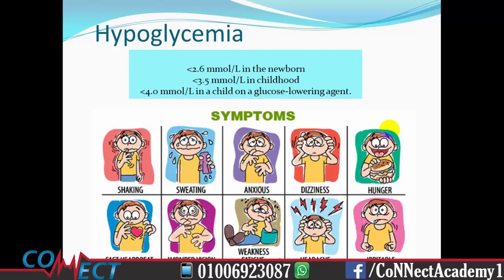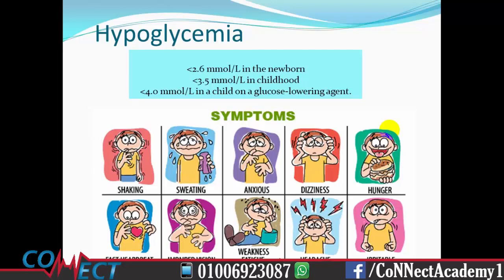Symptoms of hypoglycemia can be very unclear in pediatrics because they sometimes resemble normal child behavior. The child may be shaking, sweating, anxious, dizzy, feeling hungry, unusually hungry. He may have a fast heartbeat. He may have impaired vision.